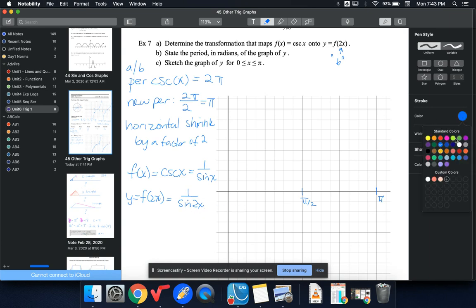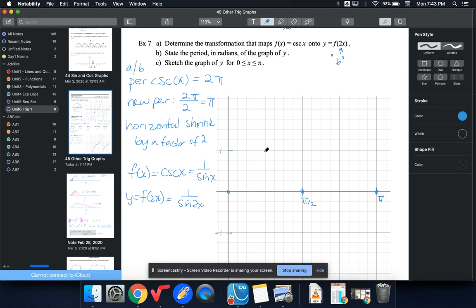Well, sine of 2x, I'm going to come in and put this in a lighter color blue. If I graphed sine of 2x, let's call this 1 and this -1, then I know sine starts at 0, and normally it finishes its cycle in 2 pi, but since I'm compressing it, it'll finish a cycle in pi, so I'll be back here, and then I'll be halfway at pi over 2.